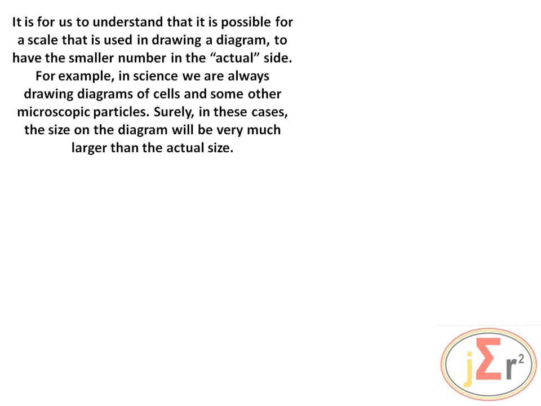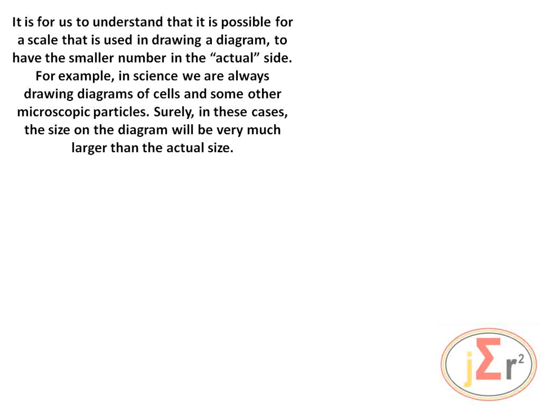So that when we are doing scientific diagrams, not all of them, because I'm sure that the scale that we use there, which is for a map, in that particular case is also a scientific diagram. But in terms of maybe the diagram of a cell, if we draw the diagram of a cell, surely that diagram is going to be larger than the actual size.